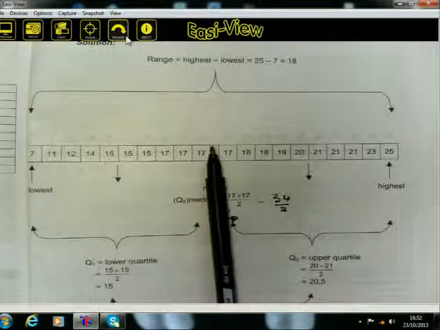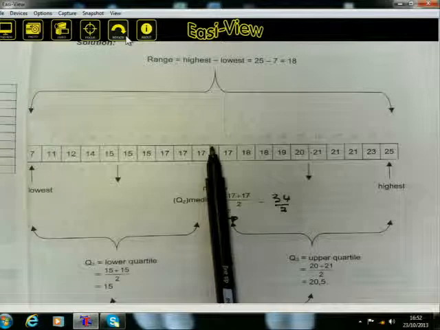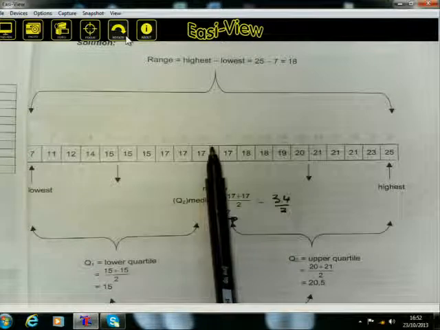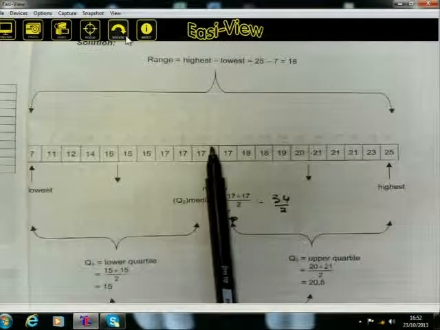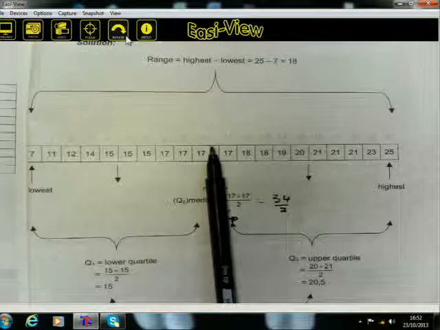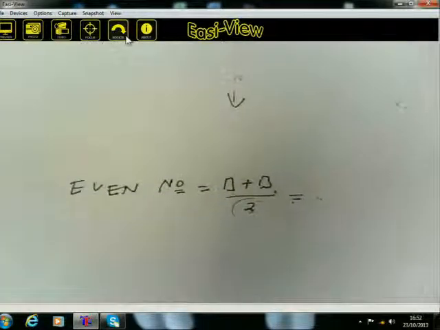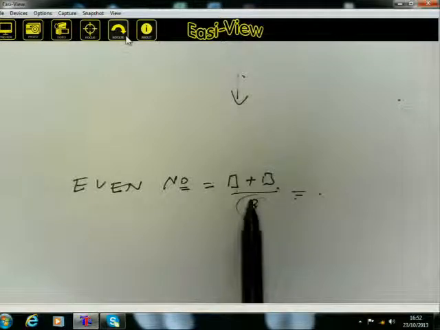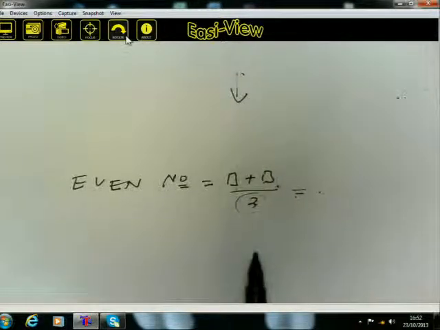Remember, we're having 10 again. Is it an odd number or an even number? It's an even number. Remember what I said with even numbers: we add the two center numbers, the two middle numbers, and then we divide them by 2.